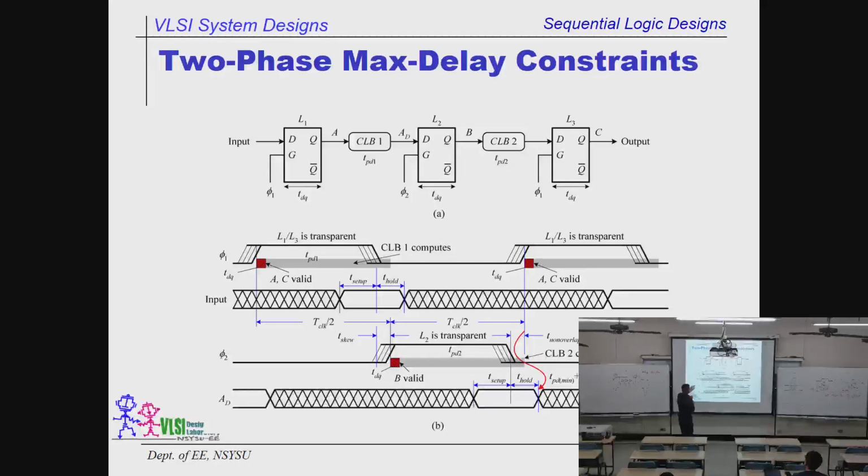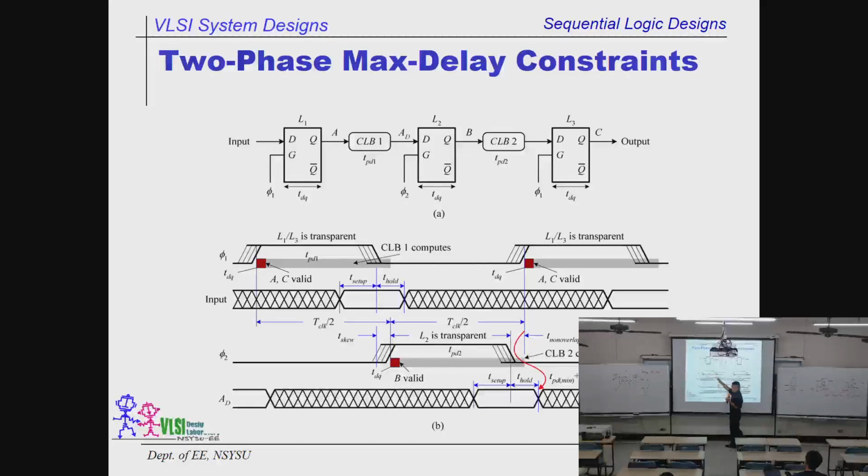They are driven by the first clock, phi 1, and the middle block is driven by another clock, phi 2, and these two must be non-overlapping. That means their edges will be separated. They cannot overlap. If they overlap, it's screwed.